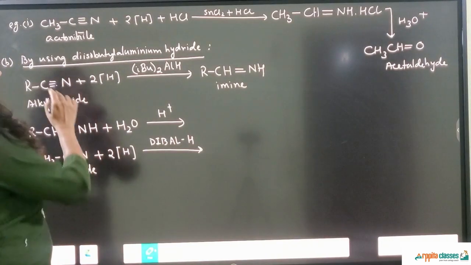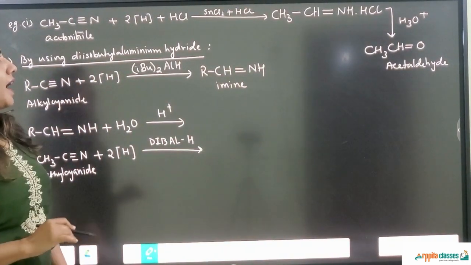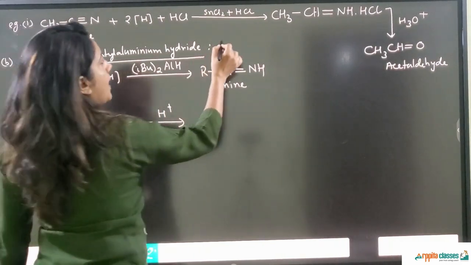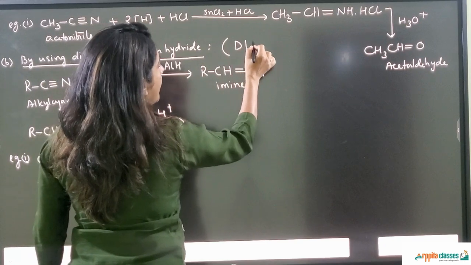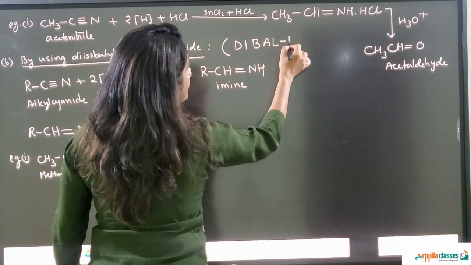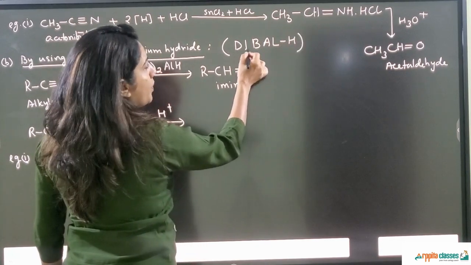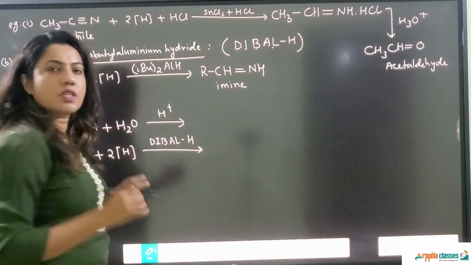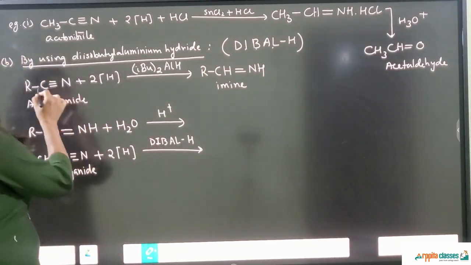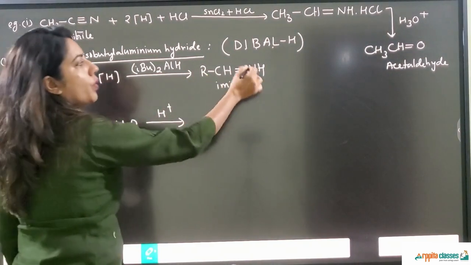Next reaction is by using diisobutyl aluminium hydride. This is also called DIBAL-H. Diisobutyl aluminium hydride is also a reducing agent, which has a very specific function: it reduces the cyanide into imine.